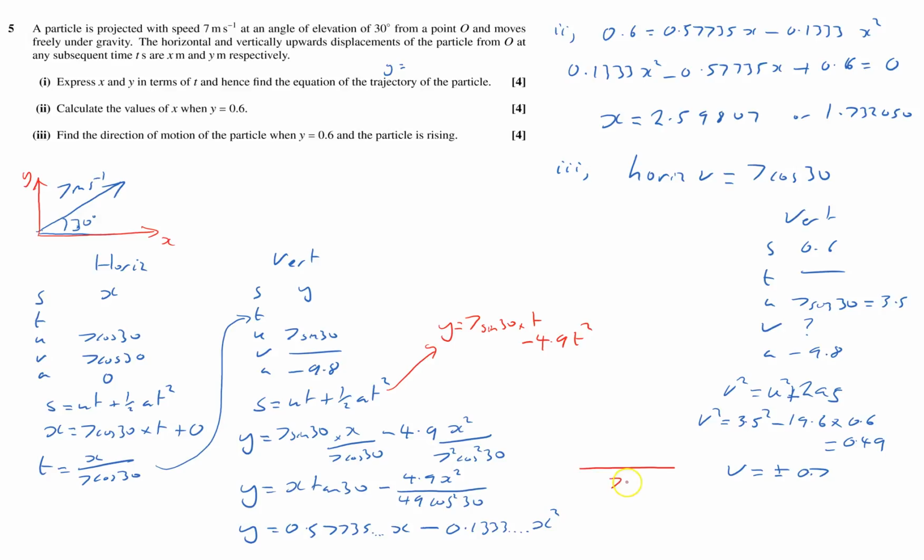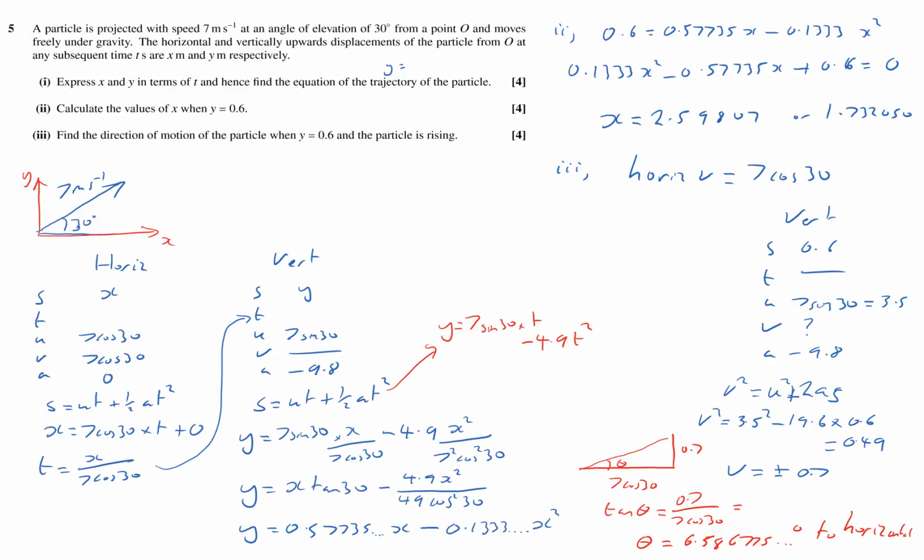That is 7 cos 30, and that is 0.7, and there's our two velocities, and we want the angle, so we'll call this angle theta, so tan theta equals opposite over adjacent, so 0.7 over 7 cos 30, which equals whatever it equals, but theta equals 6.586775 degrees, and that is to the horizontal.